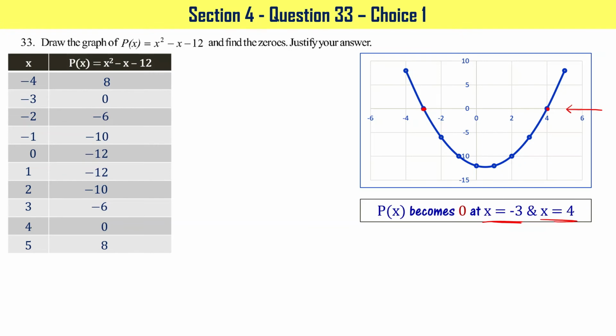Now the question is, why I have chosen x in the range of minus 4 to 5. How do I know that I should be taking these numbers? The reason is fairly simple.